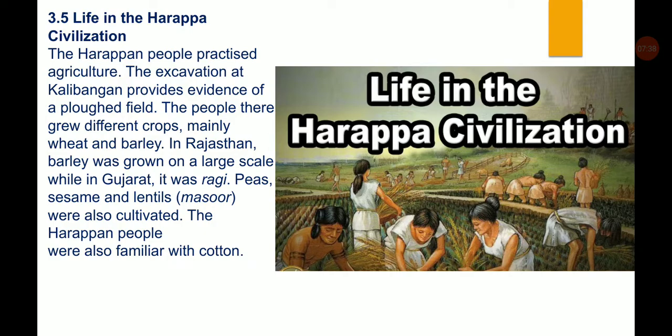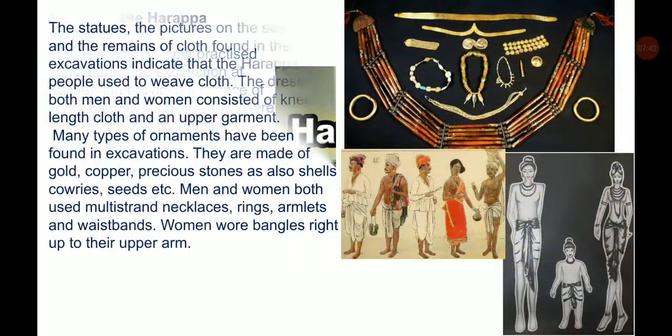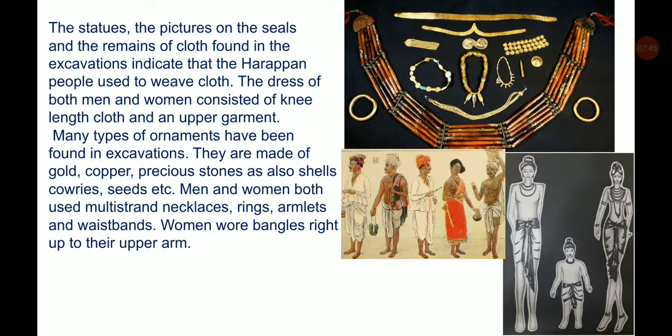The Harappan people were also familiar with cotton. The statues, the pictures on the seals, and the remains of cloth found in the excavation indicate that the Harappan people used to weave clothes. The dresses of both men and women consisted of knee-length cloth and an upper garment.